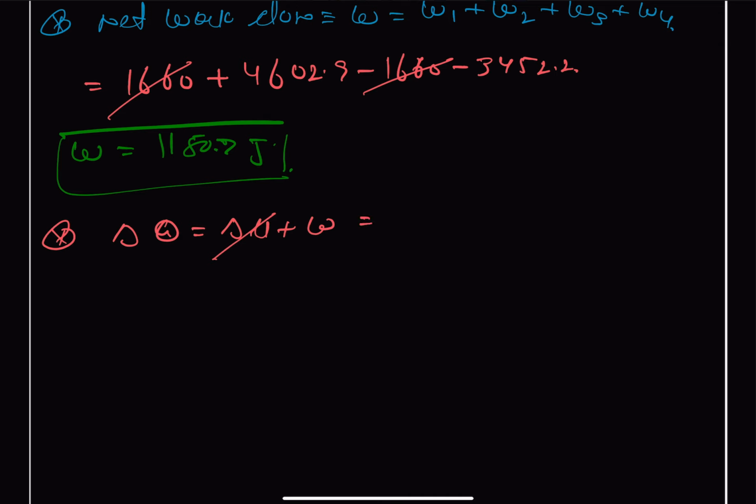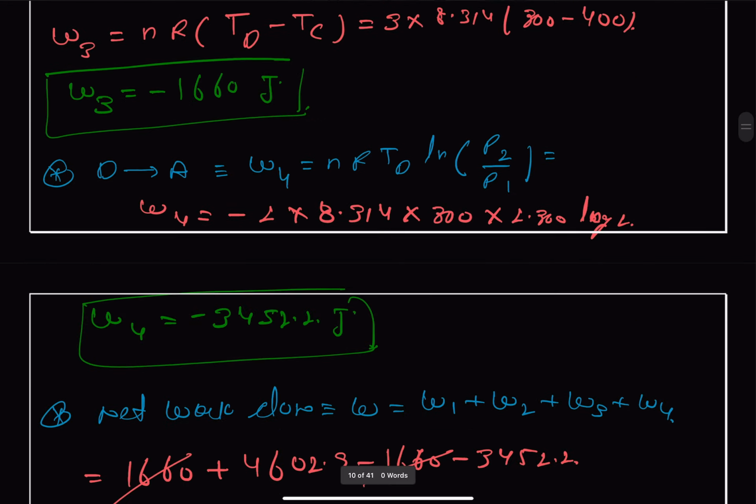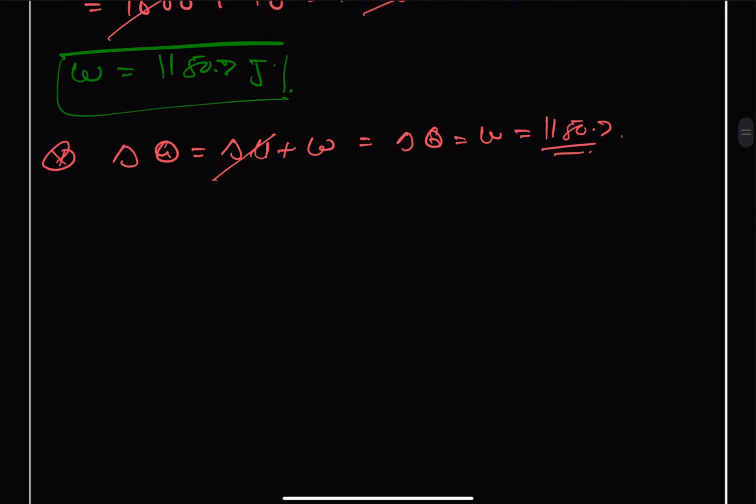Therefore we get our delta Q is equal to W, which comes as 1170.7. Okay. And C part, net change in internal energy. So, like we said, it is a cyclic process, so net change is equal to 0. So delta U is equal to 0.